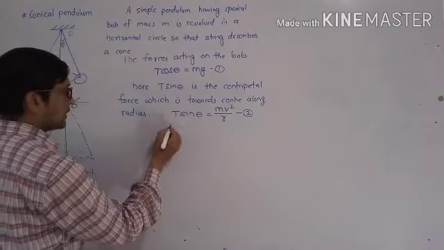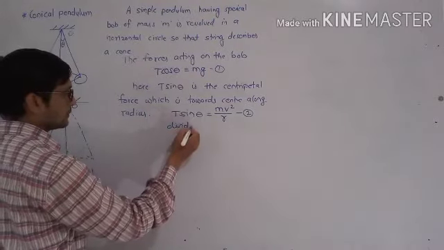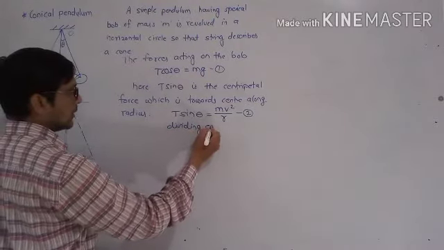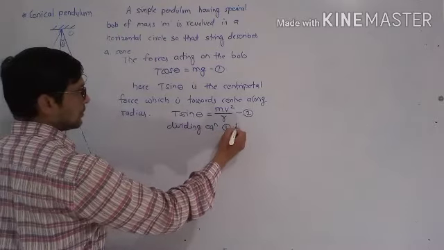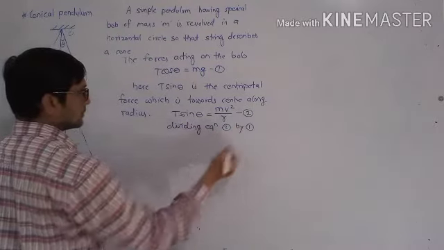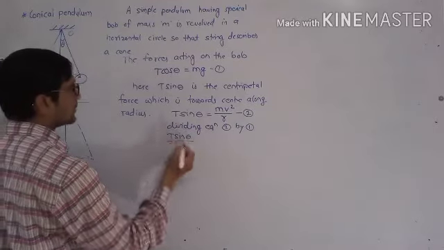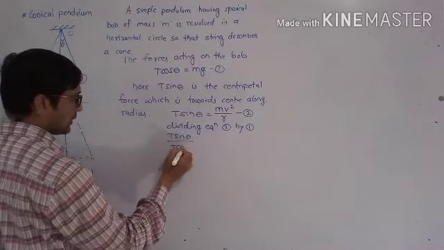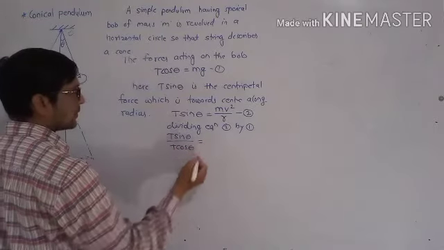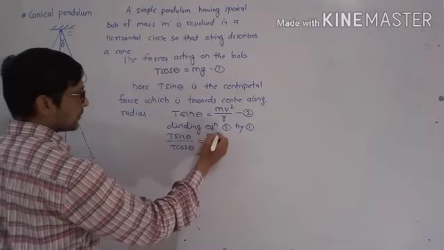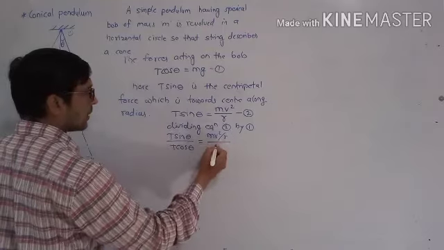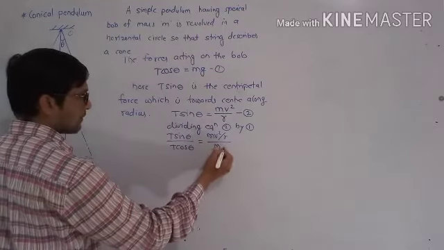Now dividing equation 2 by 1. So T sin theta divided by T cos theta is equal to mv square by r upon mg.